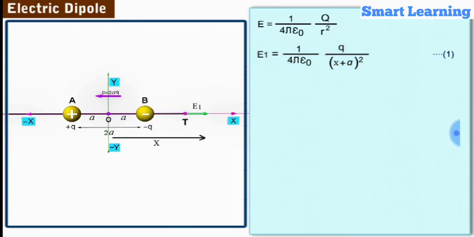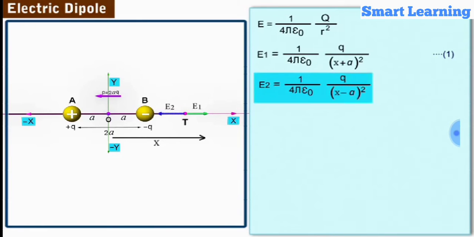The direction of this electric field is opposite to that of the dipole moment. The magnitude of the electric field strength E2 due to the charge -q is equal to 1 by 4 pi epsilon naught q by (x minus a) whole square. Let us label it as equation 2. The direction of this electric field is in the direction of the dipole moment.